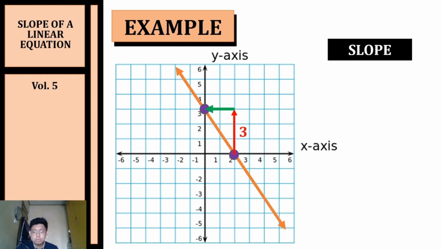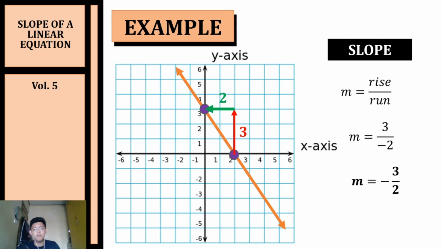Now we substitute this into our formula rise over run. Please take note of the direction. The rise is 3 units up and we are going 2 units to the left. Since we're going to the left, our run is negative 2. Then we simplify: the slope is equal to negative 3 over 2.